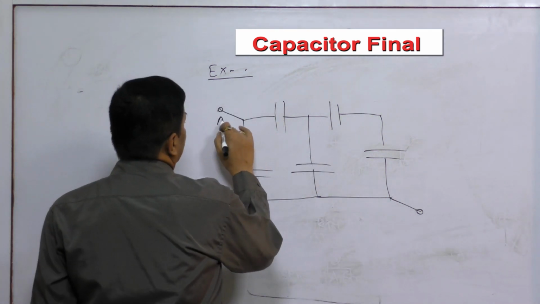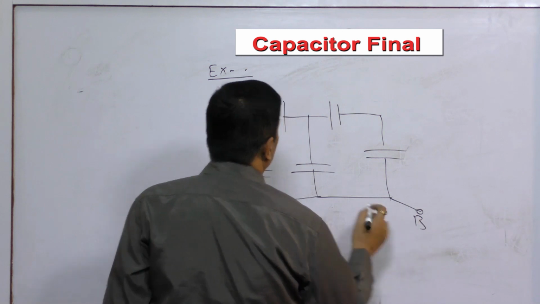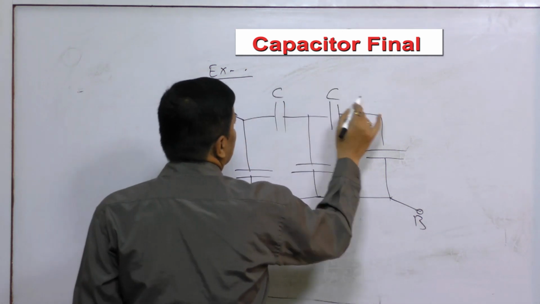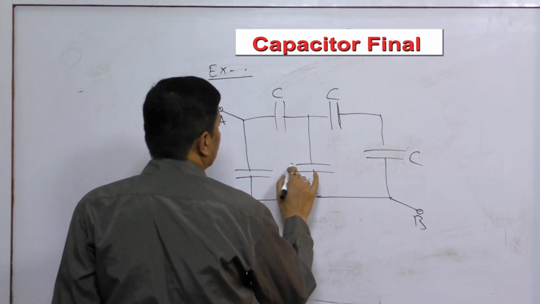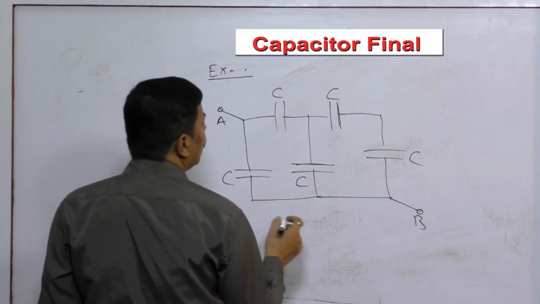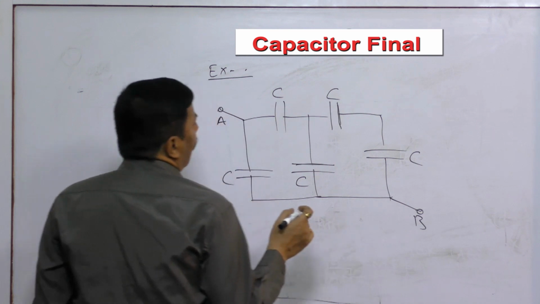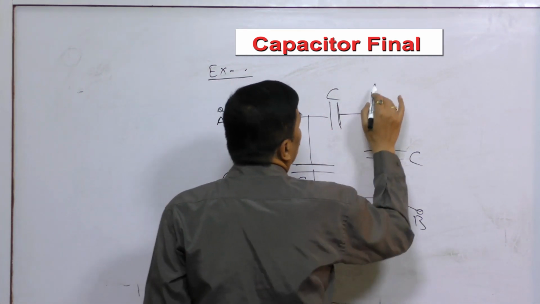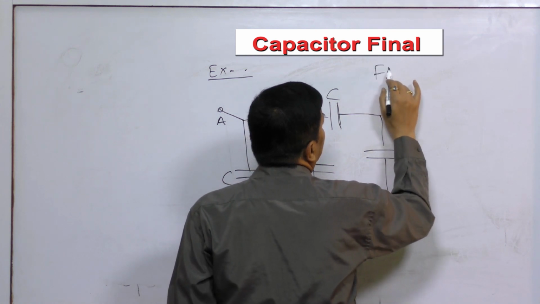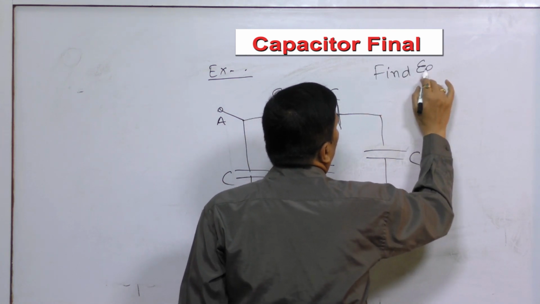This point is A, this point is B. C, C, C, C, C, and all capacitances are equal.